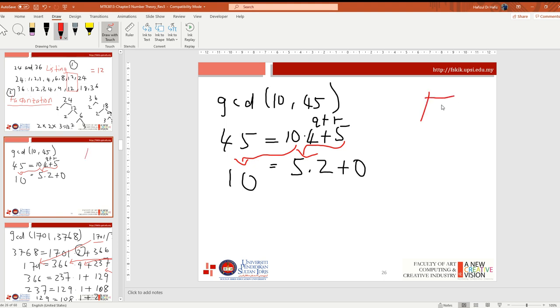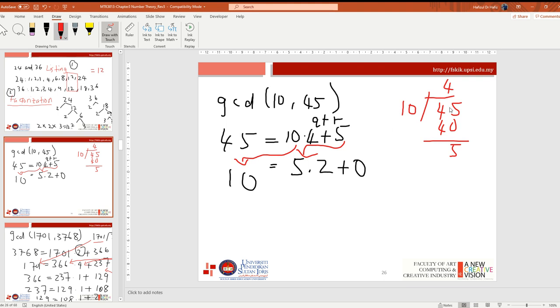Okay, you have 45 and 10. This one is Q and R: Q is the quotient and R is the remainder. 10 goes into 45 four times, 40, then we got remainder 5.